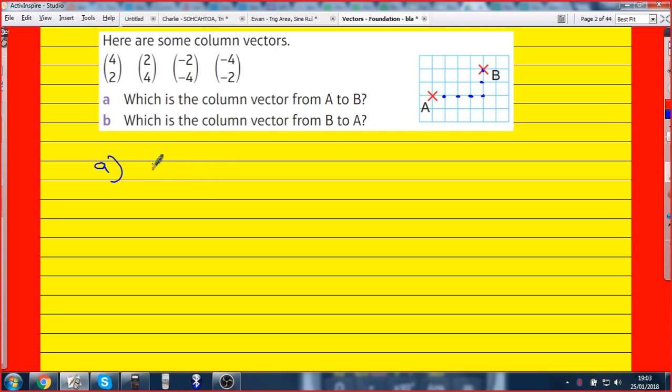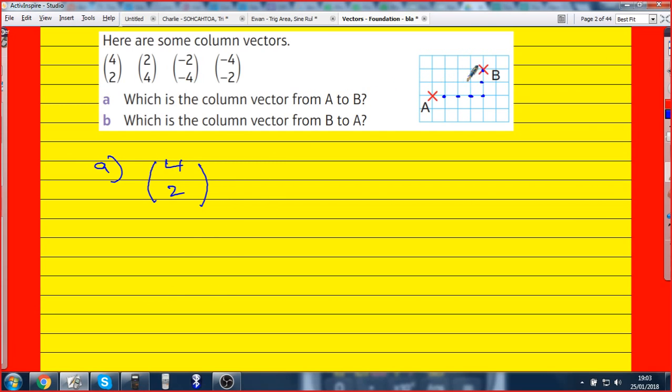And so how would you write that? If it goes 4 to the right then 2 up. So you do 2 over 4. Other way around, 4 over 2. And when we just say 4, 2.